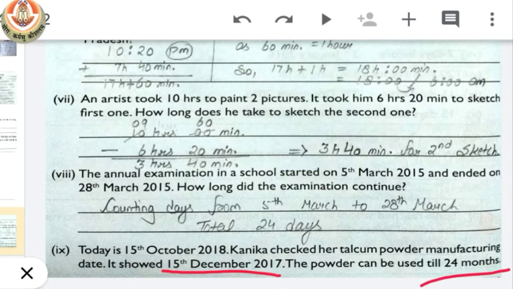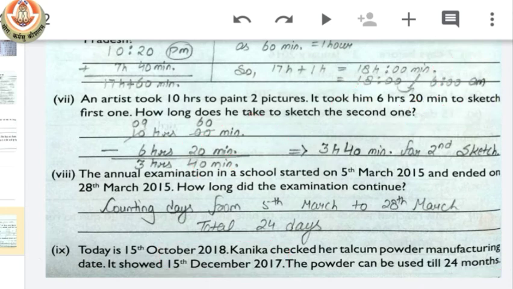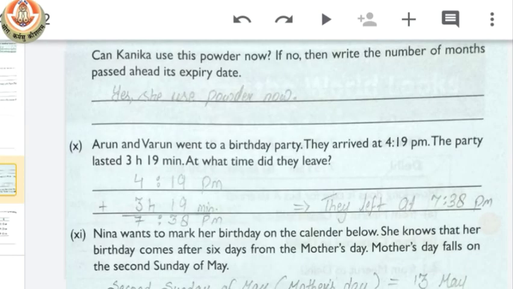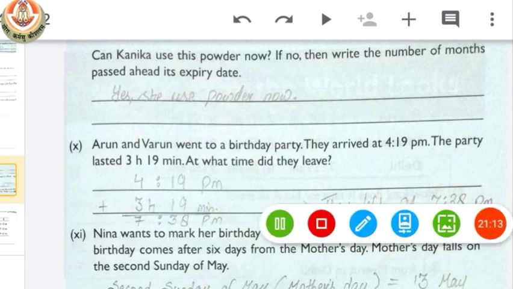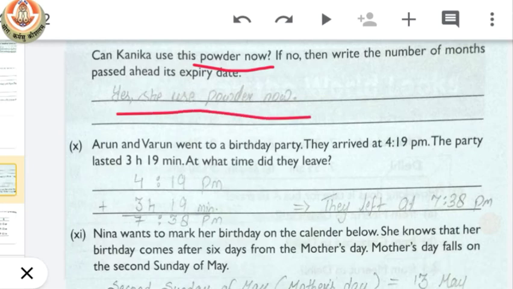That means if the manufacturing date is 15 of December, she can use it till 15 of December 2018. Now let's see what the question is. The question is, can Kanika use this powder now? We all know that today's date given is October 2018. So yes, she can use the powder now.